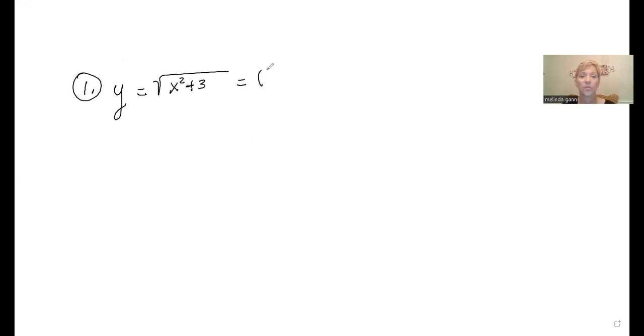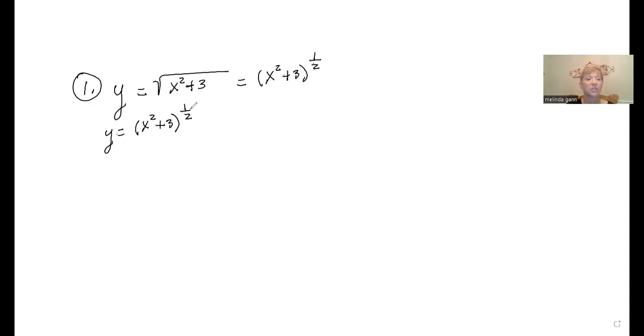With roots, we normally change those to powers, and I'm still going to do that. So now I have y is something to a power. So I've got y equals x squared plus 3 raised to a power of 1/2.